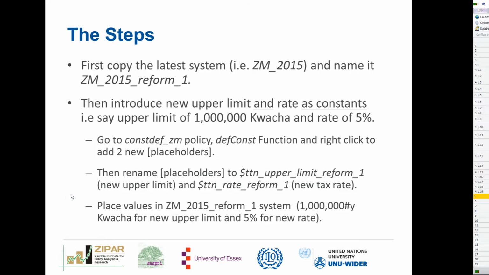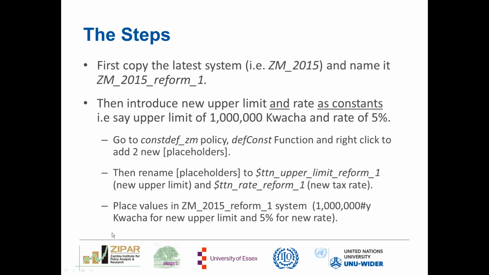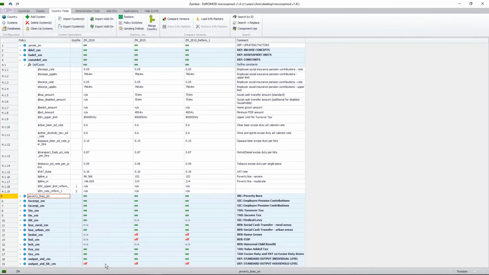So our last step now is to place the values, most importantly, in the ZM_2015_reform_1 system as 1 million kwacha per year for the new upper limit and 5% for the new rate, respectively. So we can go back and do that. So most importantly, we have to add it to our reform 1 system.